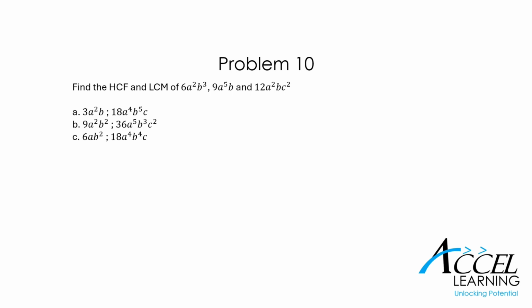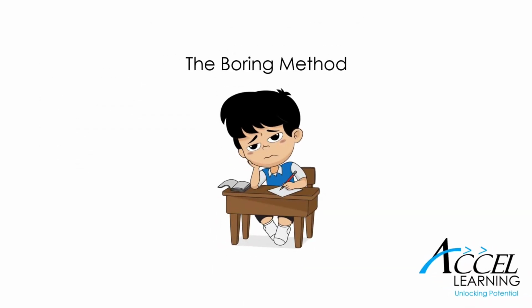C. 6ab squared, 18a raised to 4 b raised to 4 c. D. 3a squared b, 36a raised to 5 b cubed c squared. E. None of these. Let's see how most people solve this kind of problem, the boring method.